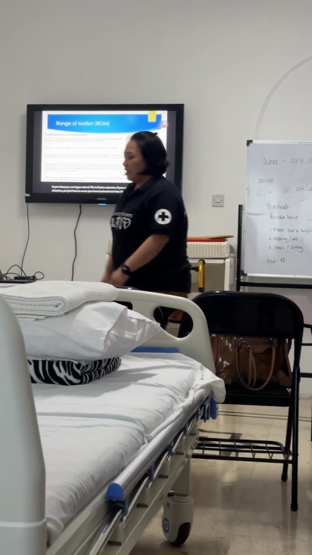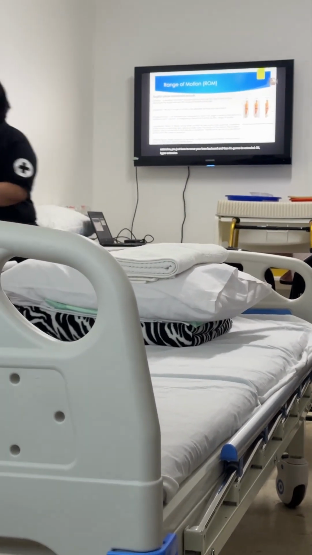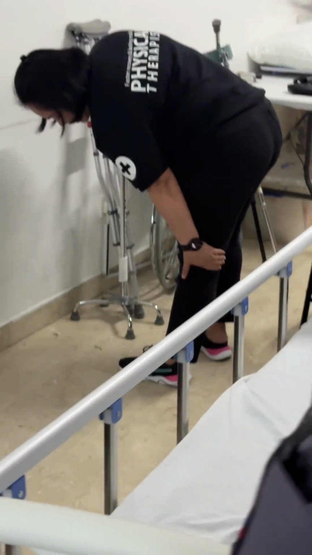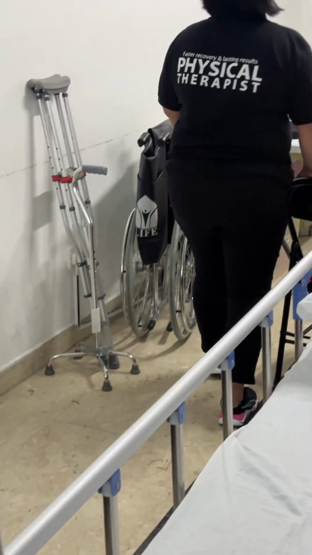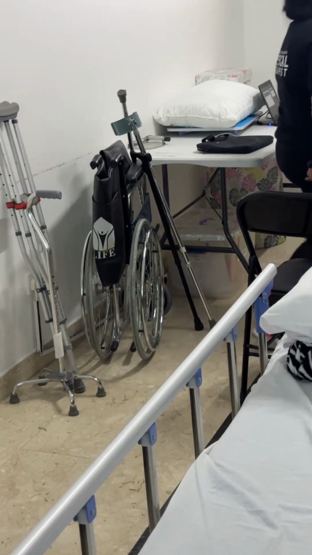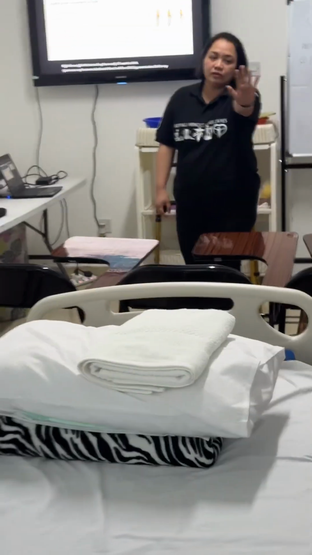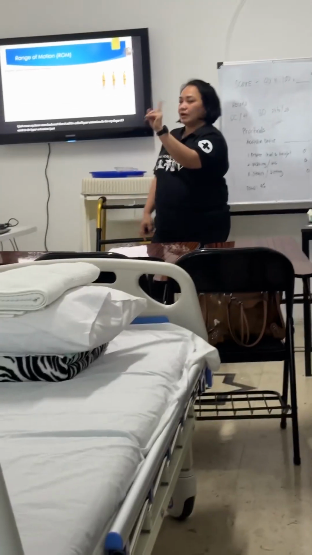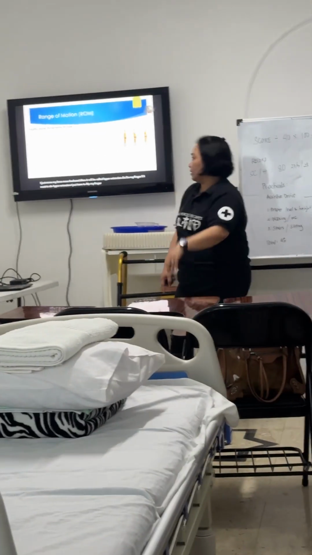Right here, I extend my knee already. If I want to do hyperextension, I just move my knee more backward, then it will be called hyperextension. For my finger, if I want to do hyperextension, I just have to flip my finger more to extend.